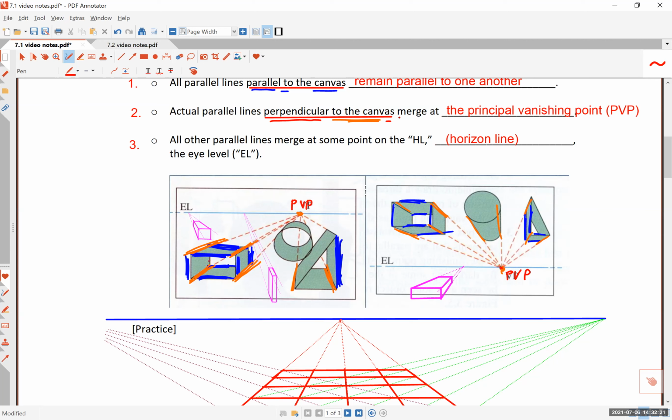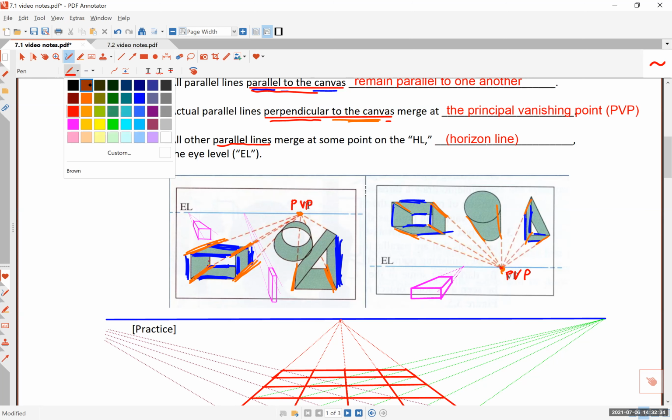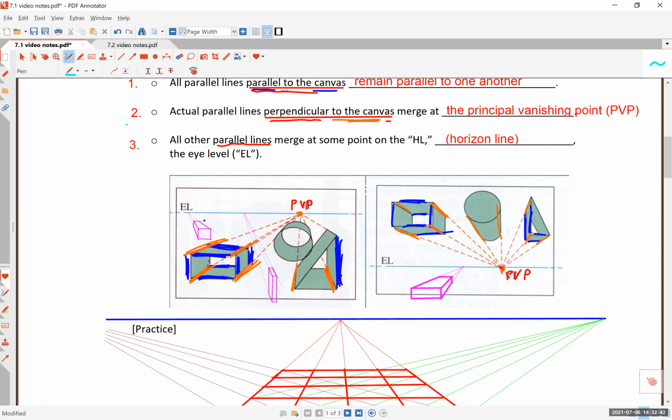Now, number 3, there are other parallel lines. They are not perpendicular to the canvas, nor are they parallel to the canvas, but those other parallel lines merge at some other points. Let me use light turquoise color here. It's hard to see, but this line, this line, and this line are not perpendicular to the canvas, nor are they parallel to the canvas, but they all meet at this point.